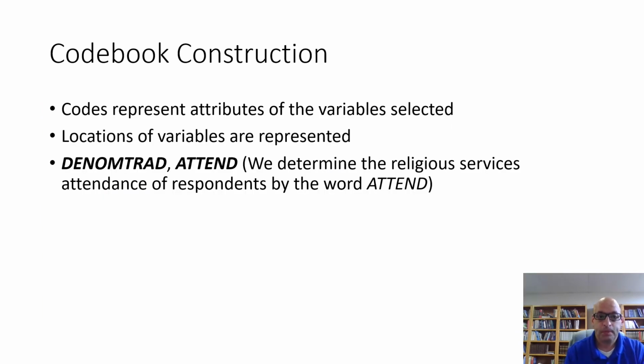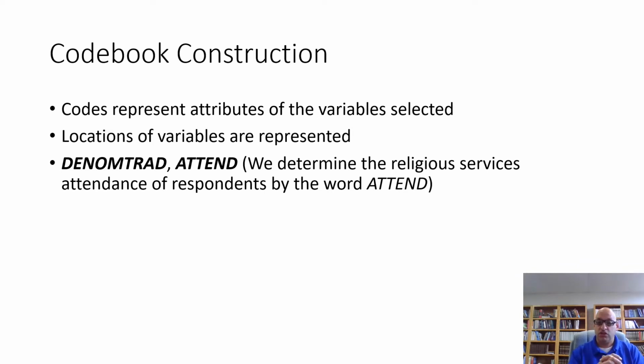I can also go the route of what we call codebook construction, where codes are represented as attributes and the variables are selected therein. And so we begin to build this database of words and codes. For example, denom tradition is a stem, and then I build attendance based off how many denominations I'm sampling and where people are assigning themselves religiously in their faith and practice.